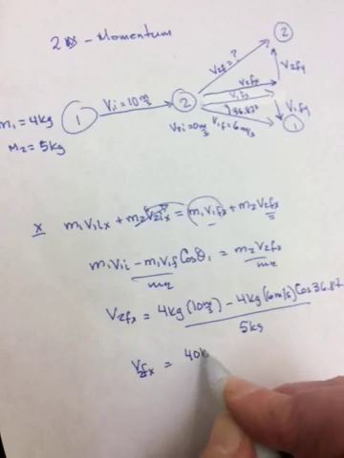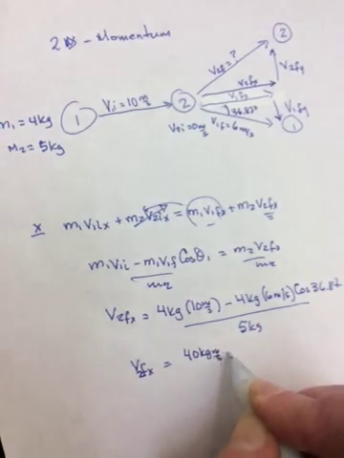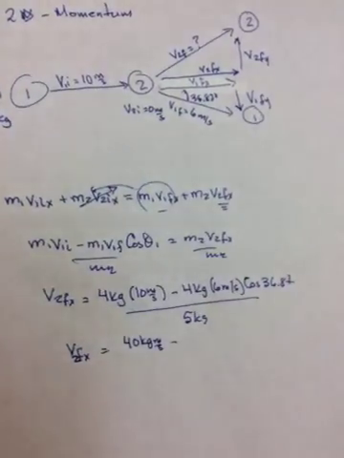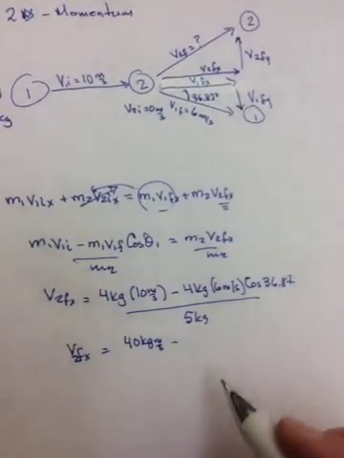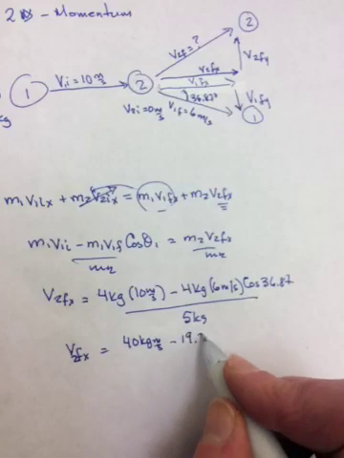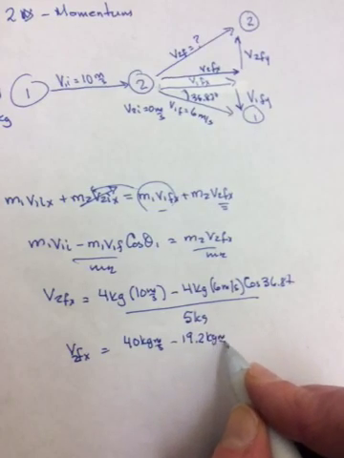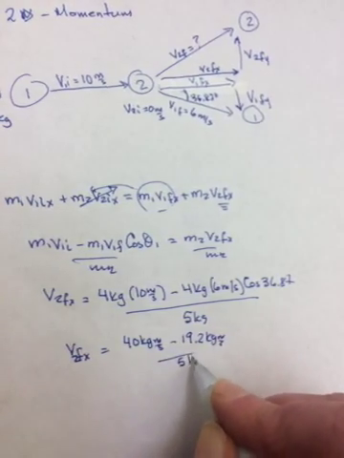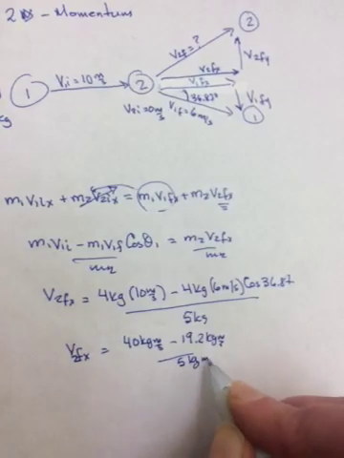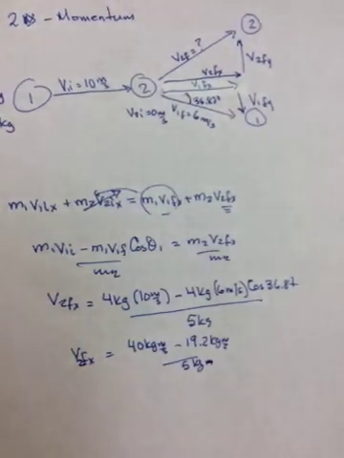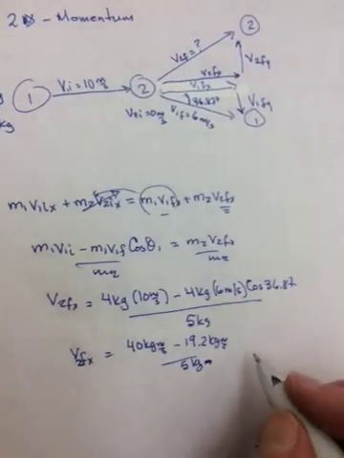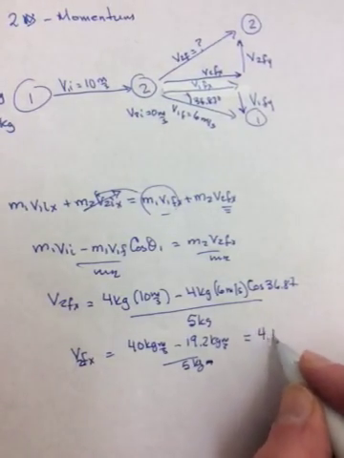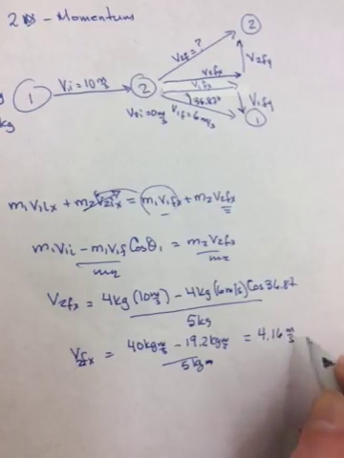So what is that? 40 kilogram meters per second minus 24 times 0.8. So 19.2 kilogram meters per second over 5 kilograms. Divide by 5. So in the x direction, 4.16 meters per second.